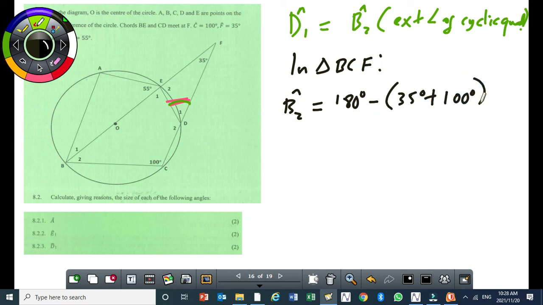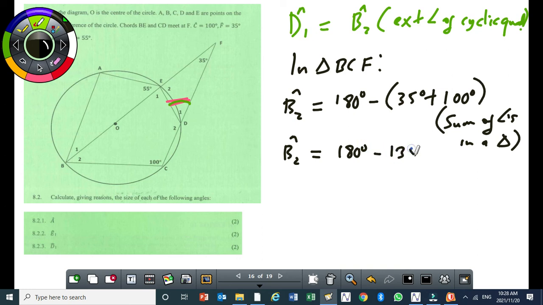My reason: sum of angles in a triangle. So B2 is going to be 180 degrees minus 135, and that will give you 45 degrees. Therefore, D1 is going to be 45 degrees. Then we are done.